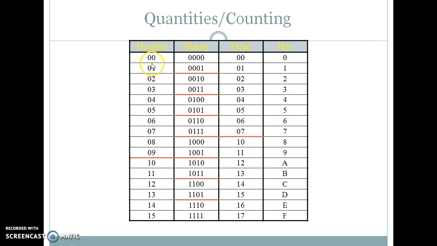As you have all seen, the hexadecimal number system goes 0, 1, 2, 3, 4, 5, 6, 7, 8, 9 up to A, B, C, D, E, F. And for the similar numbers, the decimal number system can be represented as 0, 1, 2, 3, 4, 5, 6, 7, 8, 9.